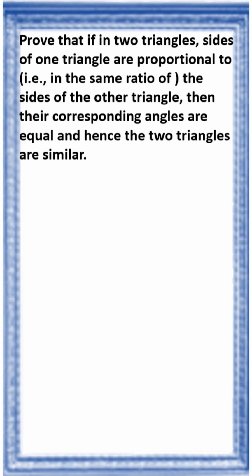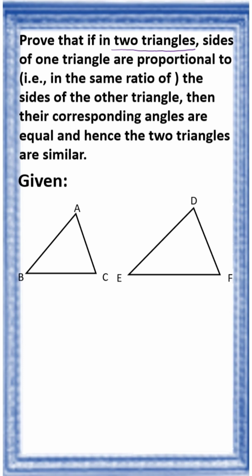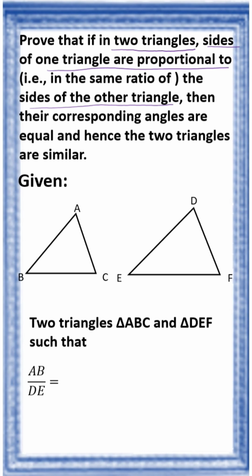What has been given now? Two triangles. Let the triangles be ABC and DEF. The sides of one triangle proportional to the sides of other triangle means AB by DE is equal to, observe the figure, BC by EF is equal to AC by DF.